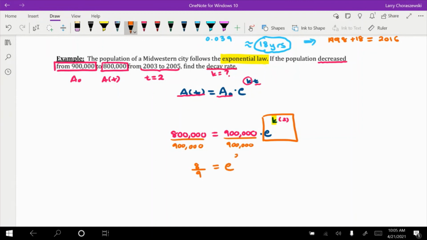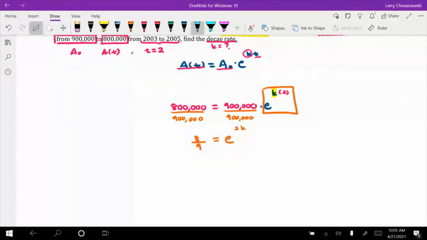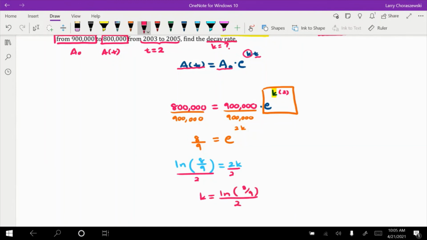Then on the right, I'm going to write it out as e to the power of 2k. And then by virtue of the BS method, we'll have the natural log of 8/9 equaling 2k. And then we can divide each side by 2 to get k is equal to the natural log of 8/9 all over 2.